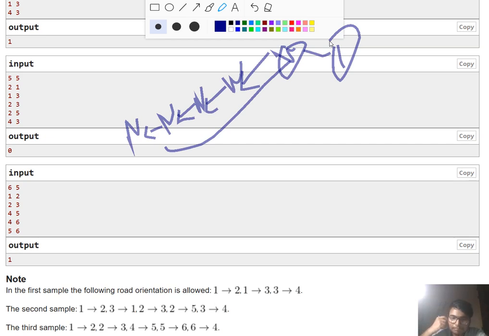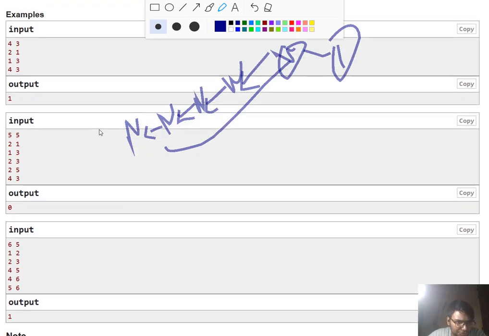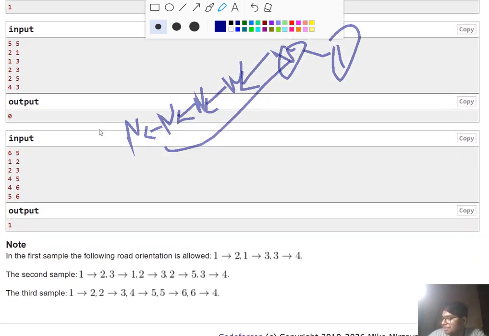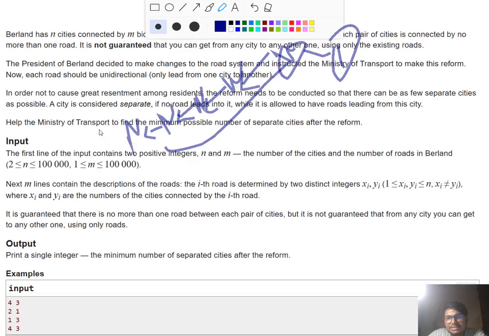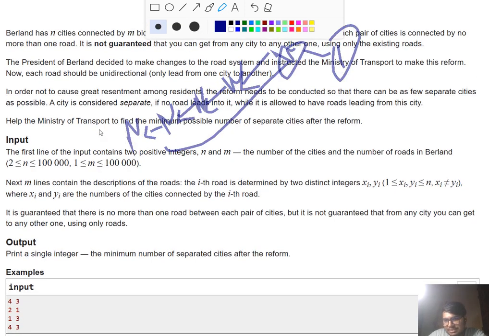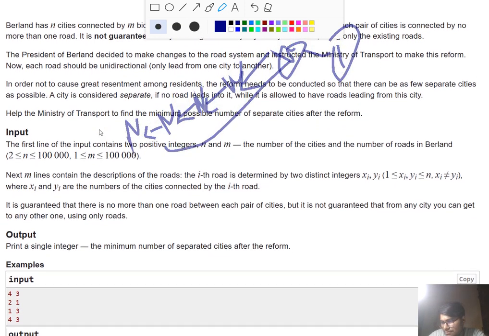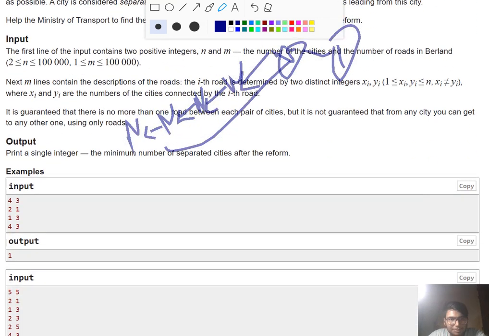So we have answers like 0, 1, right? So can we generalize this idea? I don't know. We need to think about moves.